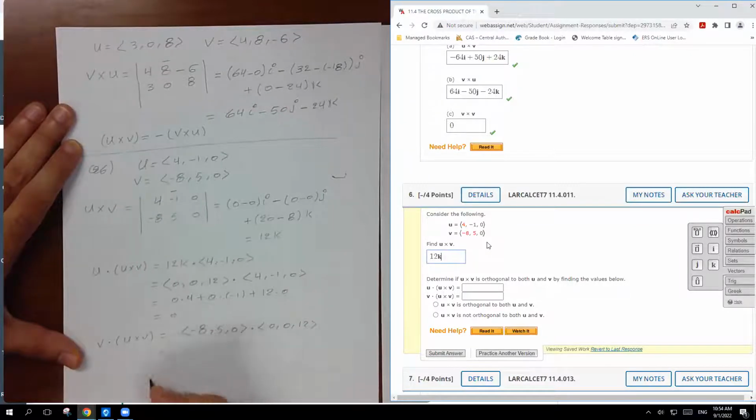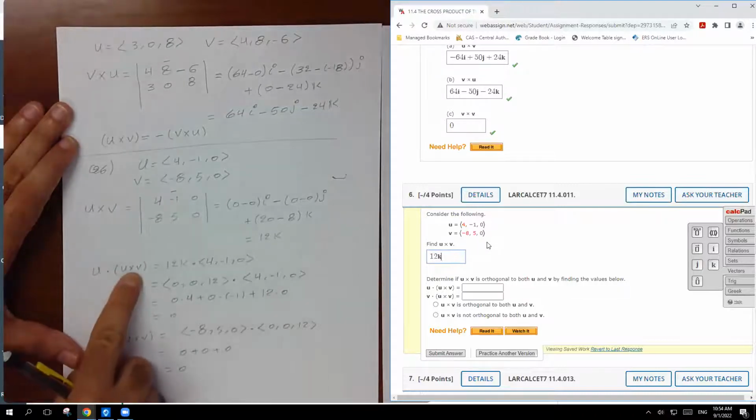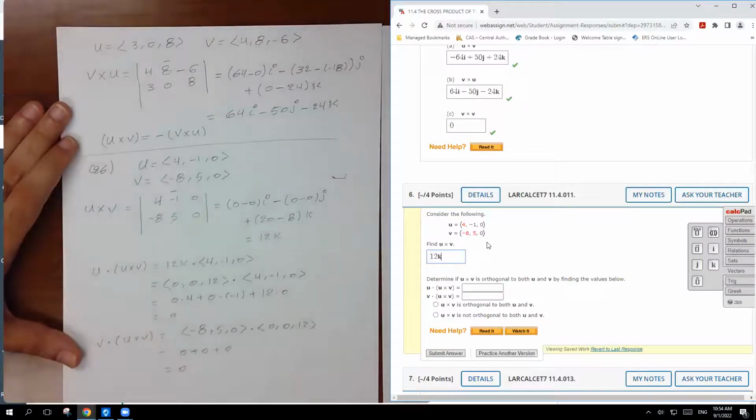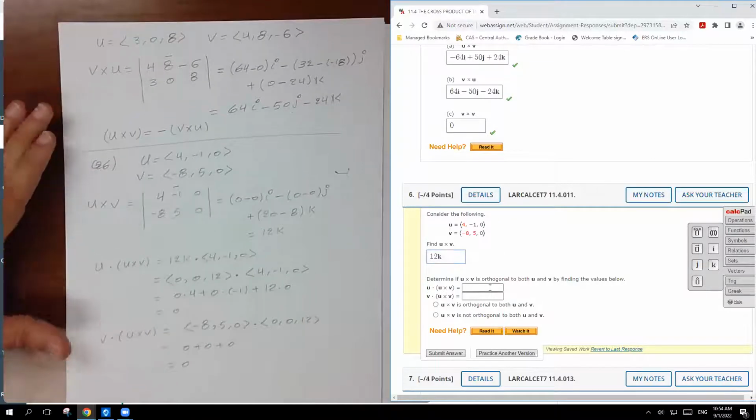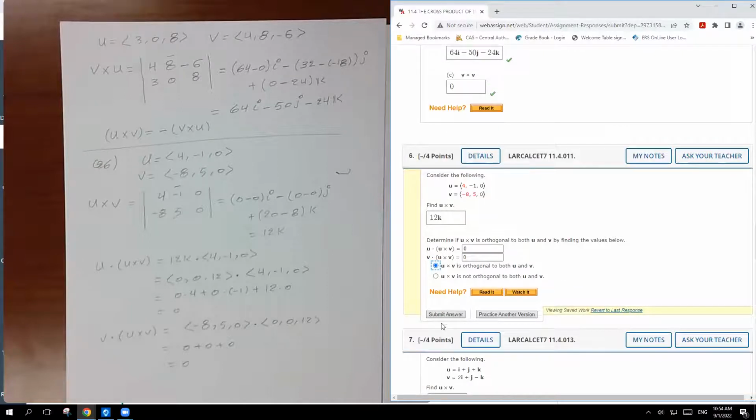So the result is negative 8 times 0 plus 5 times 0, which is also 0, plus 0 times 12 is 0. So the result is 0. That means the cross product is orthogonal to u and v. The result here is 0, and the result here is 0. The cross product is orthogonal to both u and v. That's the solution for this example.